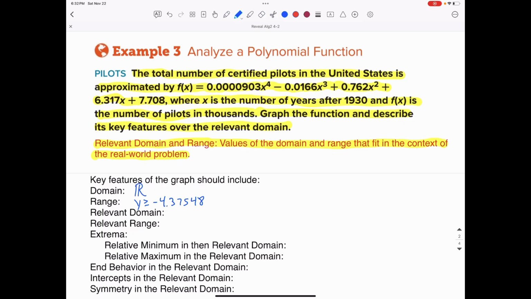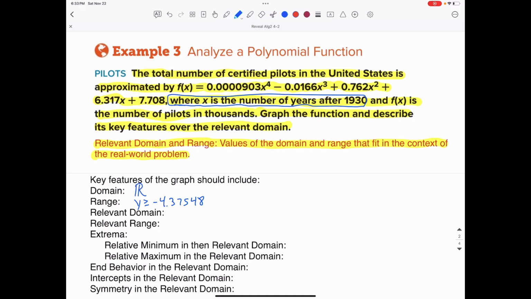When we get to the relevant domain and the relevant range, that's when things get interesting. So with the relevant domain, it's the values of the domain and range that fit the context of the real world problem. So what does x represent in this problem? x is the number of years after 1930. That means x is a time. We are not going to go backwards in time.